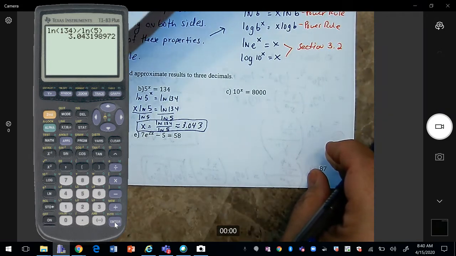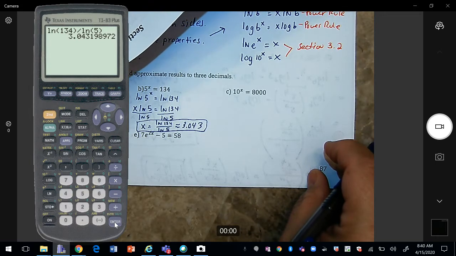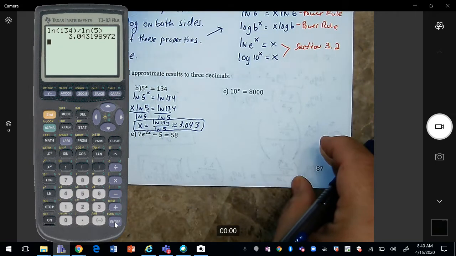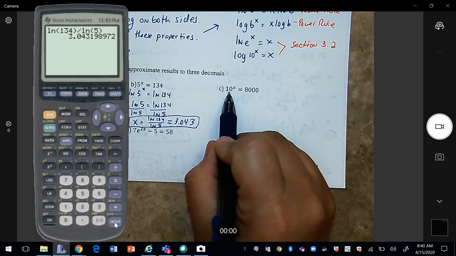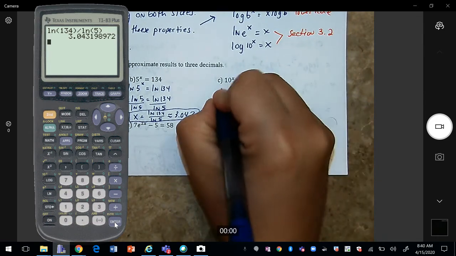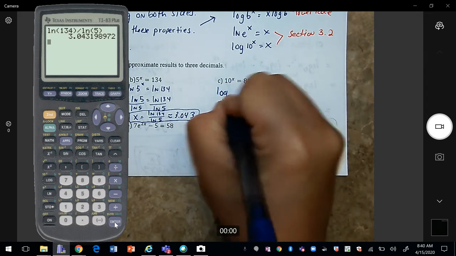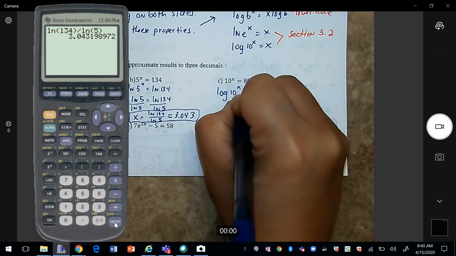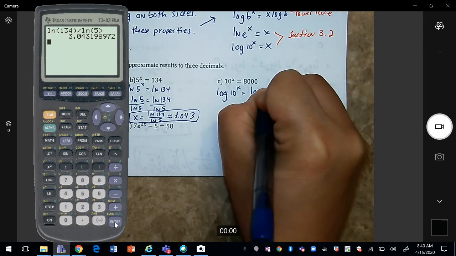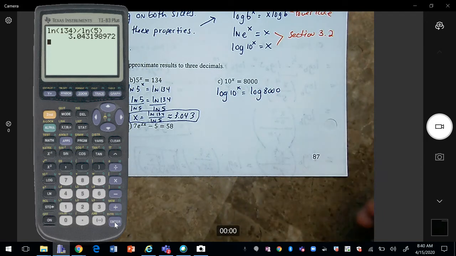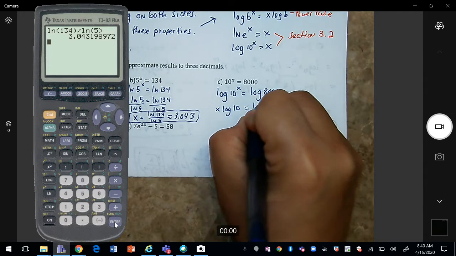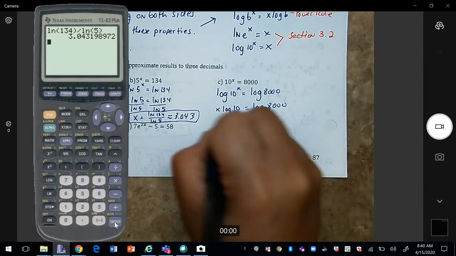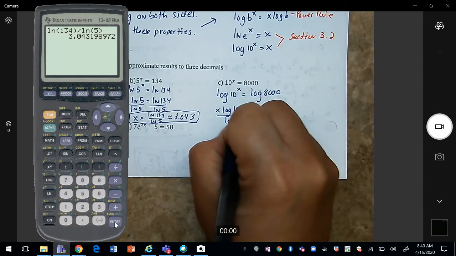For letter C, we have 10 raised to the power of x. So you can still use natural log, but notice that the base is 10. So I'm just going to use the log with base 10. So we can bring x to the front. Divide by log 10.